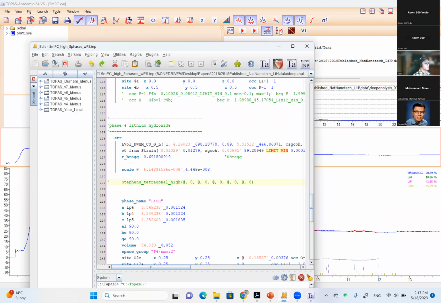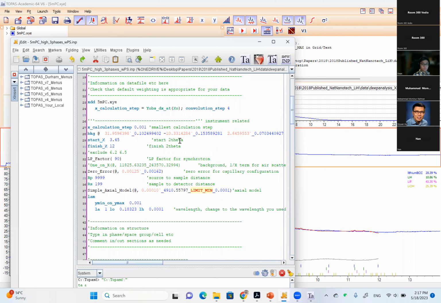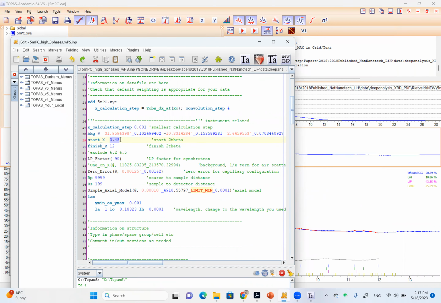And that is shown in the info file. So we define the value for start X and the value for finish X. This is basically the data range that we would fit. It should not be the total range by default. It should be selected.